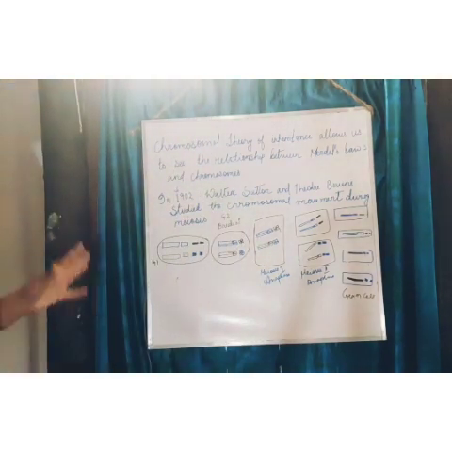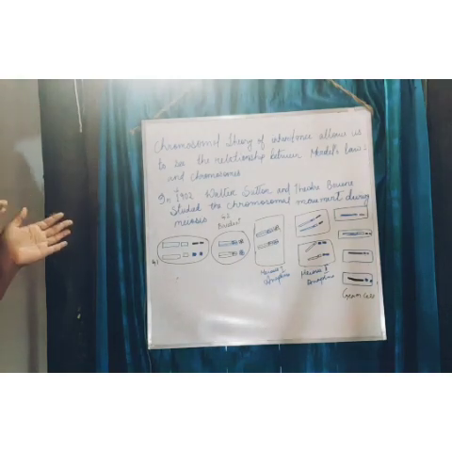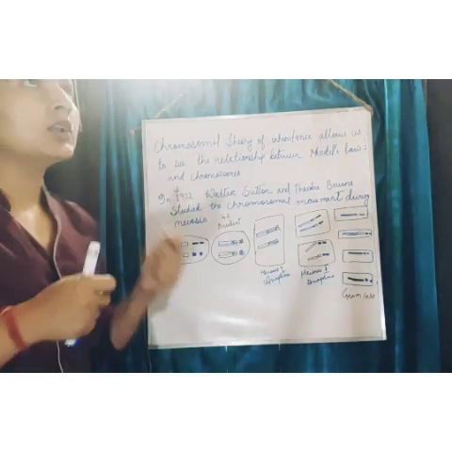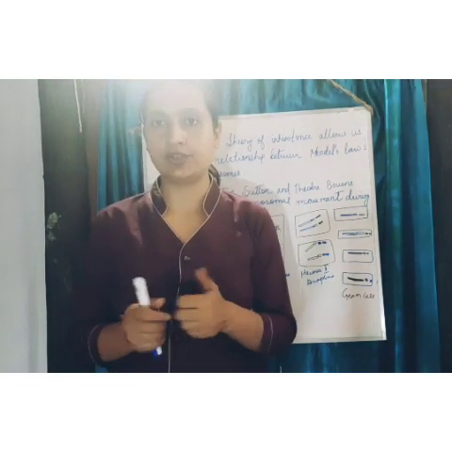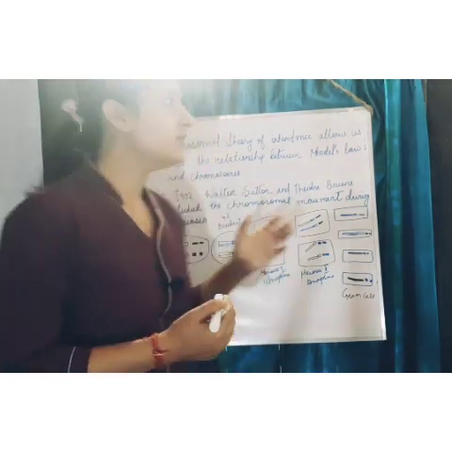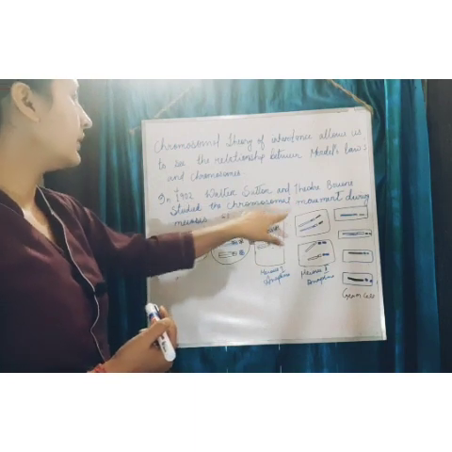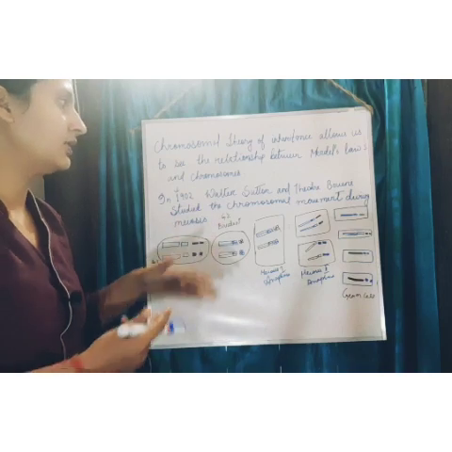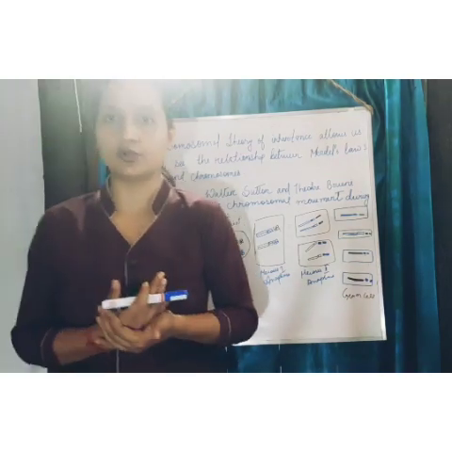These three laws and the chromosome, how they are related to each other, is what was given by these two scientists. They studied the chromosomal movement during meiosis, the movement of the chromosome.